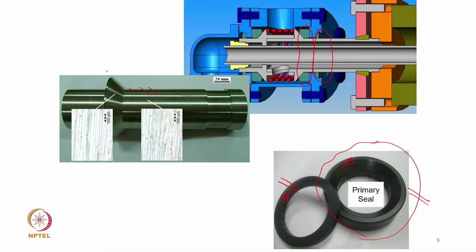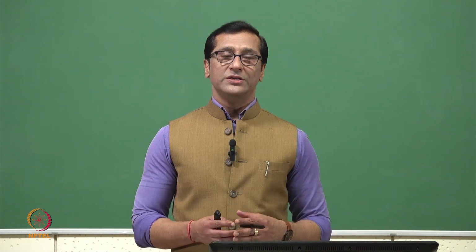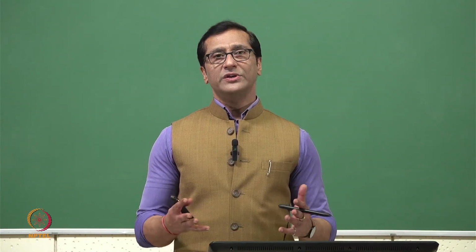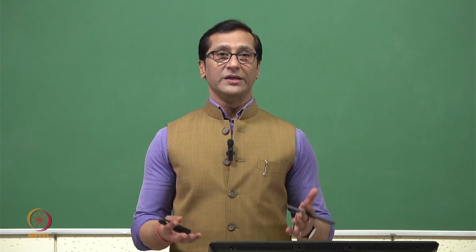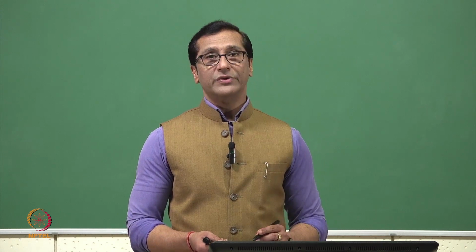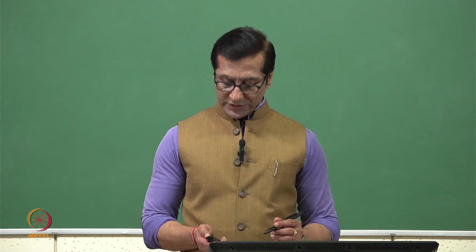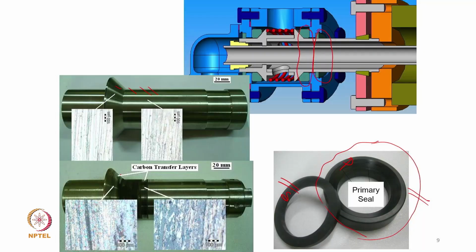It needs to have a very close tolerance connection, and when there is a close tolerance connection, naturally wear rate will be high and friction will be high. That's why we use a carbon graphite seal. Now what happens to the carbon graphite? Initially a layer will be transferred. This is a very major point of discussion: the carbon graphite layer gets transferred to the shaft.